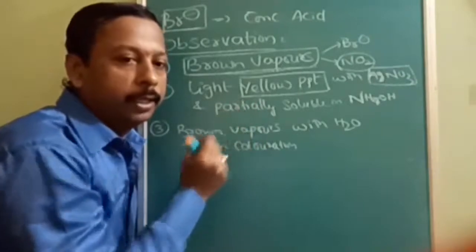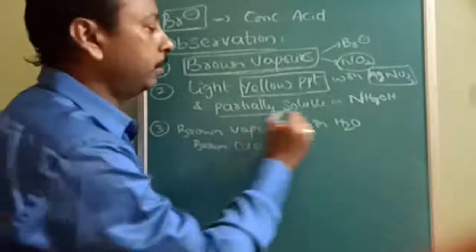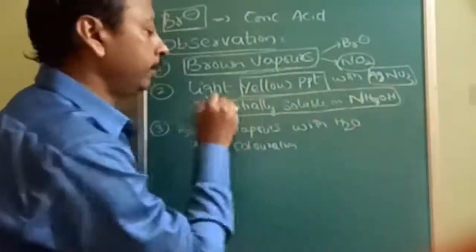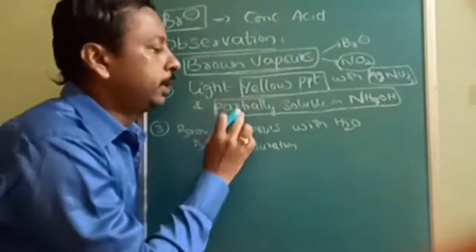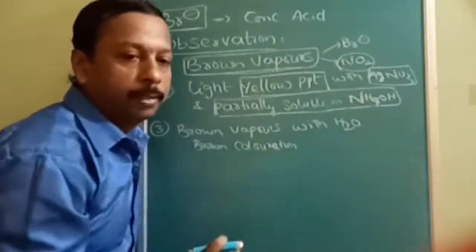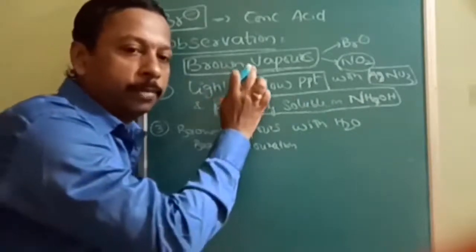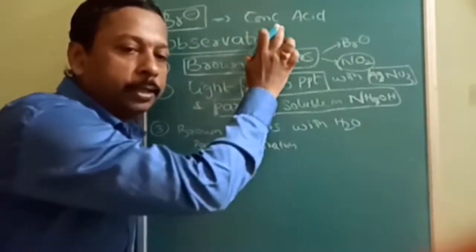To further confirm that it is Br minus only, a solubility test is carried out. If that light yellow precipitate is partially soluble in ammonium hydroxide, it is definitely Br minus. First, it should give the brown vapors when treated with the concentrated acid.